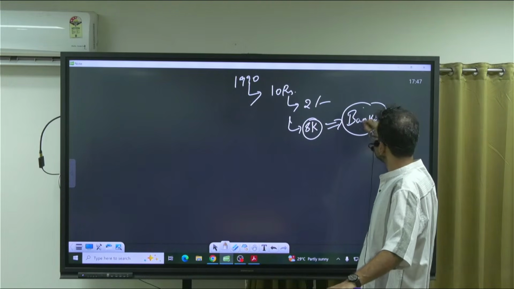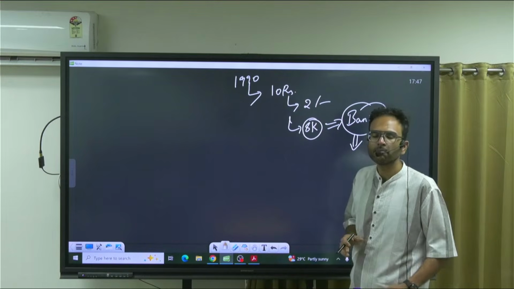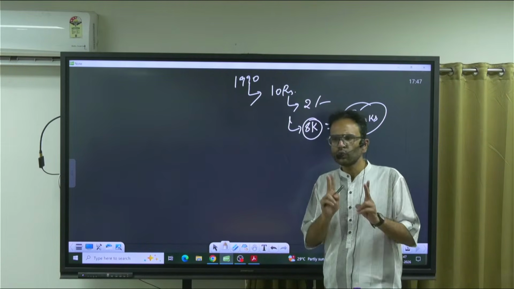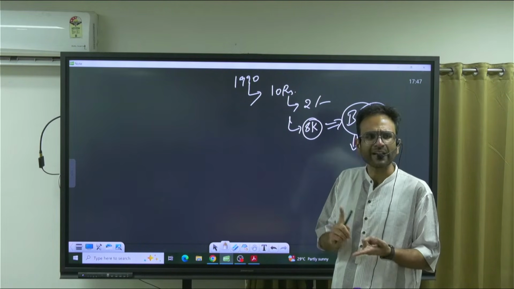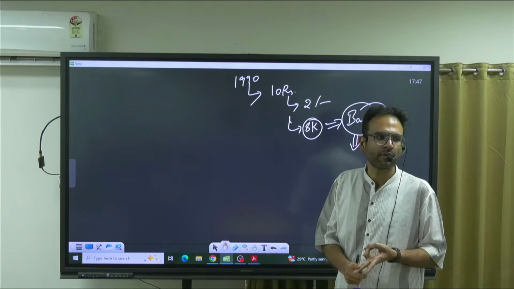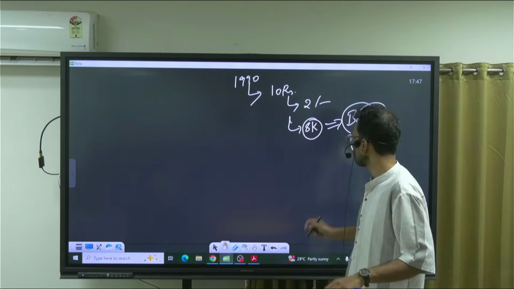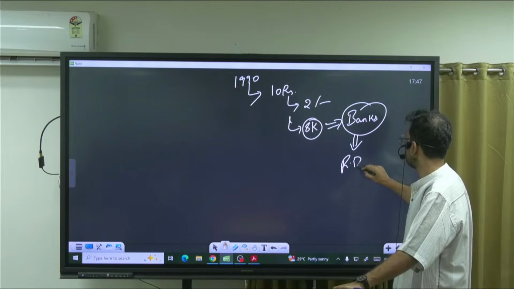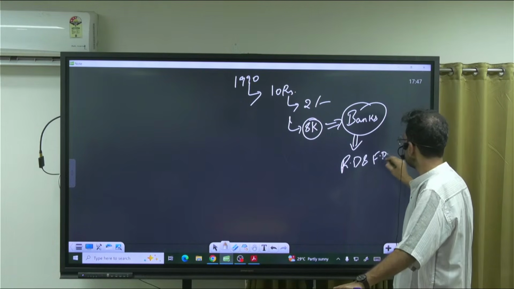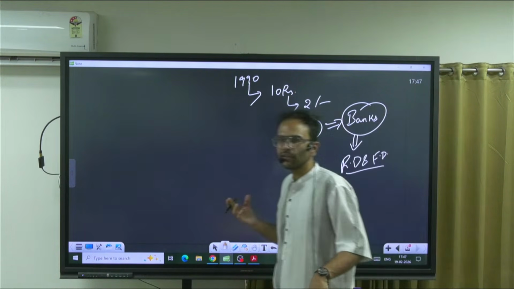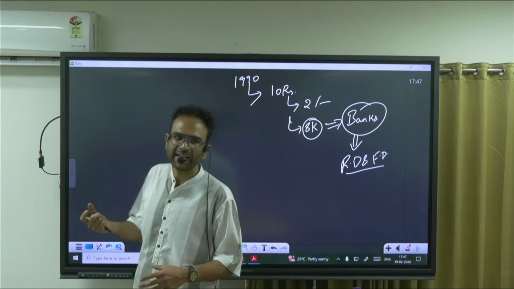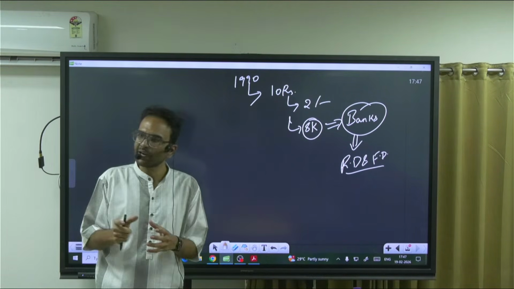And in banks, how is it parked? Through two instruments, broadly speaking: recurring deposits and fixed deposits. Okay. So let me explain the concept of financial intermediation and how it is relevant for our economy.